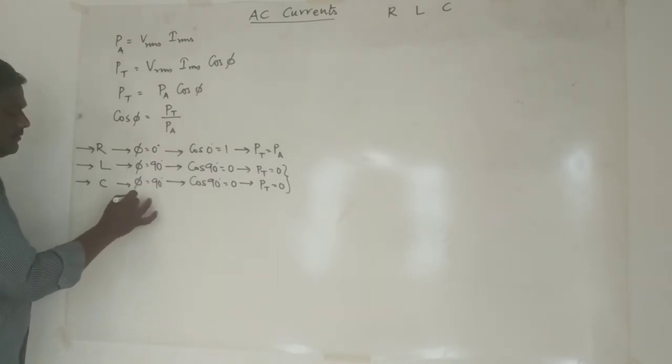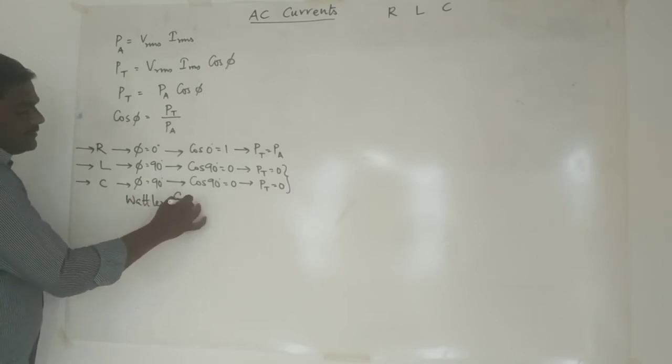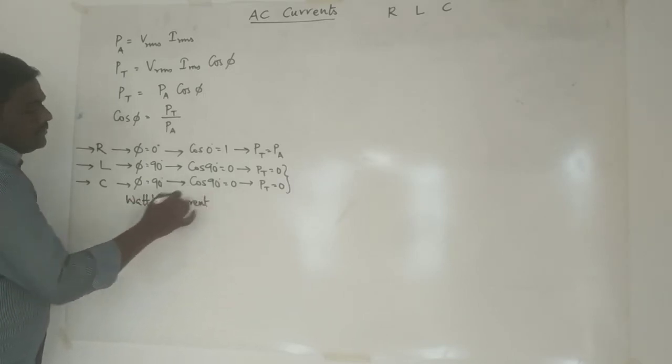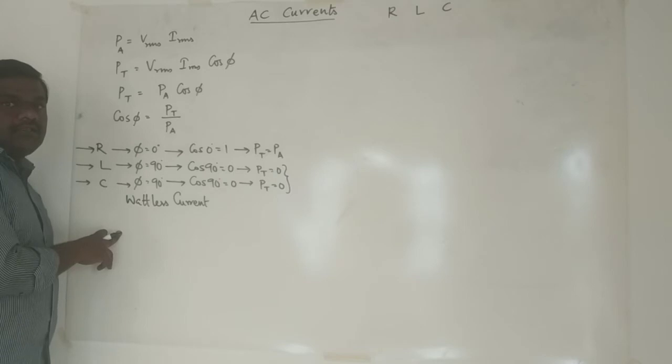So, a very important definition: Wattless current. The current through a capacitor or inductor where power consumption is 0, or the current through electric circuits where the power consumption is 0, is known as Wattless current.